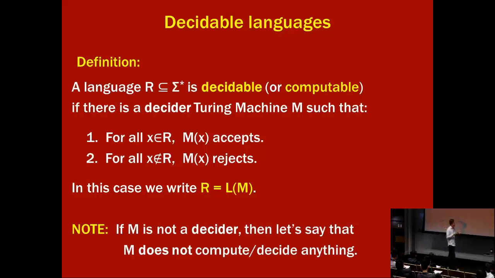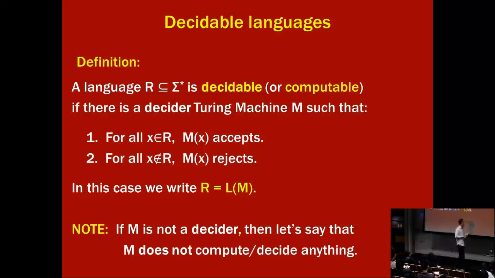Okay, so it's like DFAs, where we called this regular, but you really have to worry about this issue of whether or not it halts. In fact, these two conditions already imply that it's a decider, because this says for every string, it either accepts and halts or it rejects and halts. But I really want to emphasize, you're only deciding a language if you're always halting.